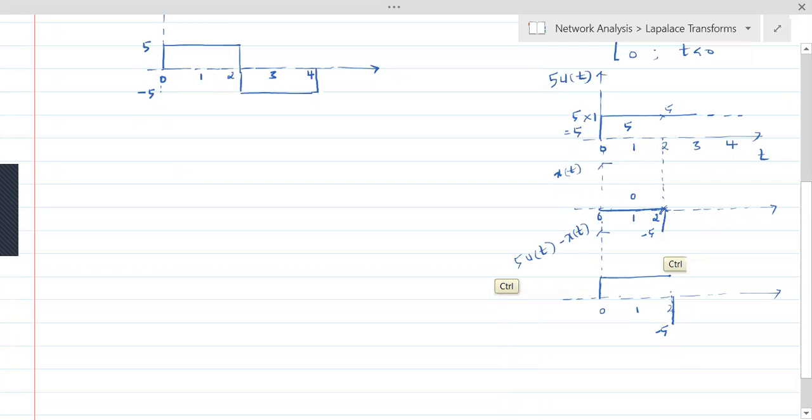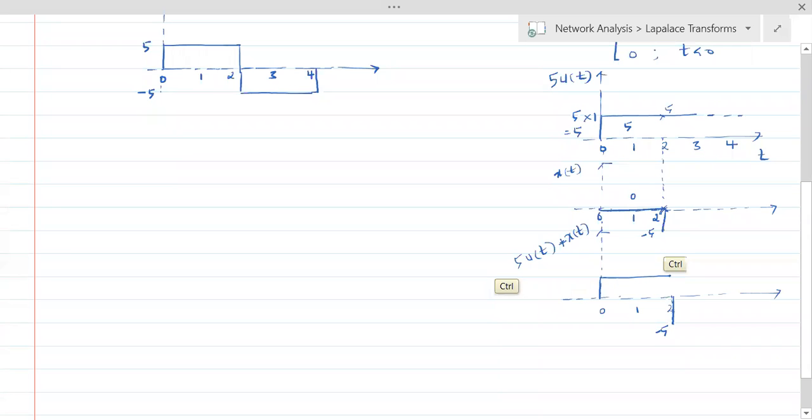No, I don't want that. What do I need? Even if I add this, I will get the same, right? From 0 to 2, 5 plus 0 is 5, or 5 minus 0 is 5. So if you add also you'll get the same. Now if you add 5 and -5 it would be 0.